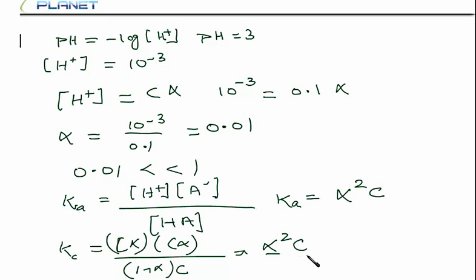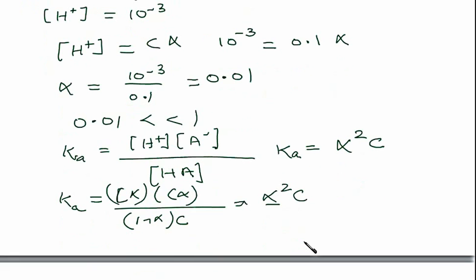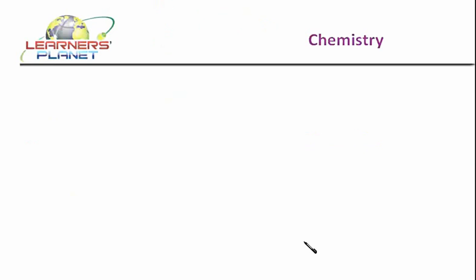Now we know alpha, we know C. Can we find out the value of Ka, that is the dissociation constant? Of course, yes. Ka will be equal to alpha square, where alpha is 0.01, and the concentration is given as 0.1.